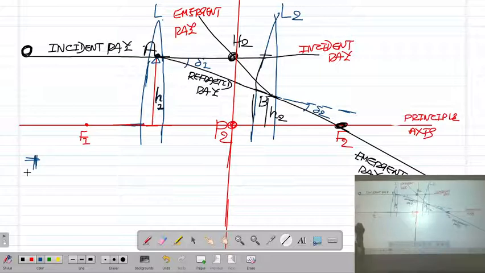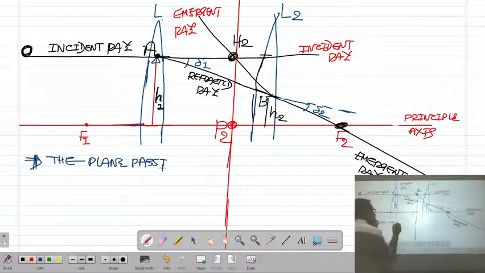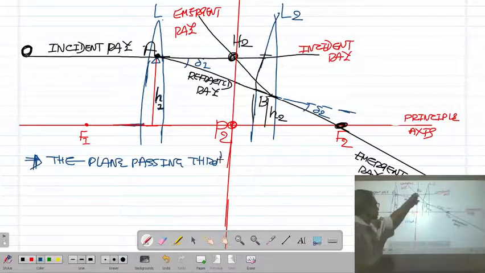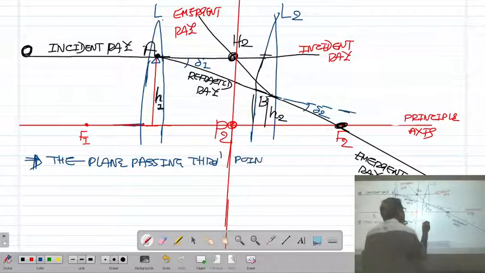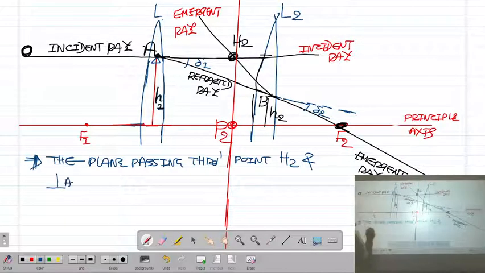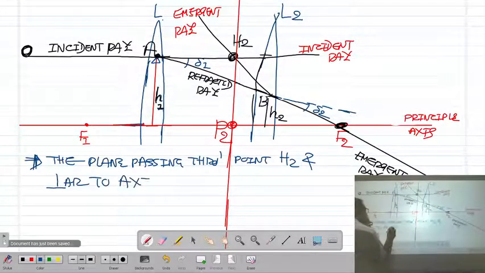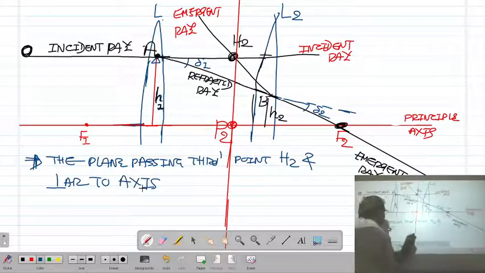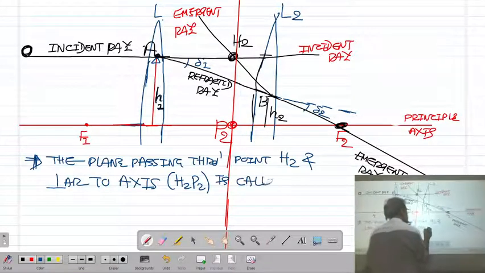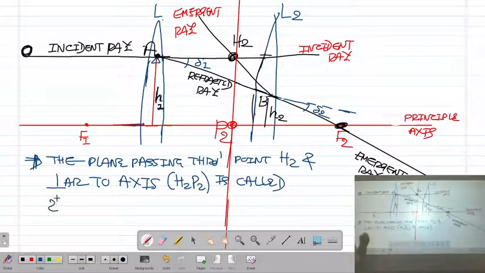The plane passing through point H2 and perpendicular to the axis, that plane H2P2, is called the second principal plane.